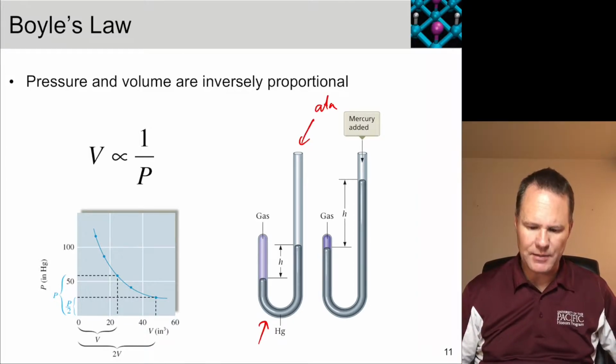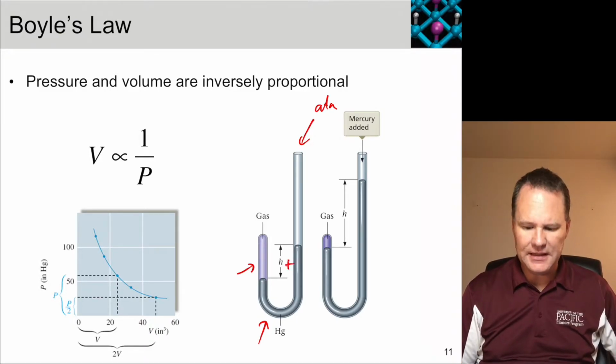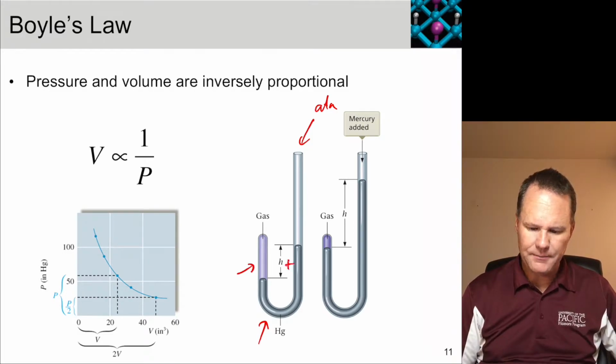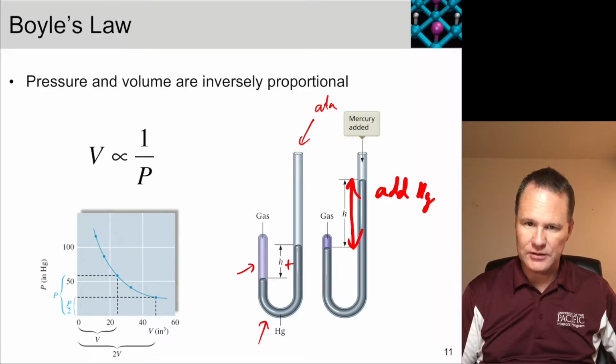And so the inside pressure here is going to be the atmospheric pressure plus the height of the mercury. And so one way to increase the pressure there is to add more mercury, right? If I add more mercury, then there will be an added pressure on the gas, which will compress it. I can read that pressure, again from the height and then the outside atmospheric pressure.